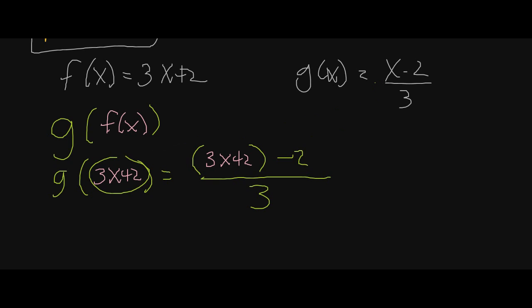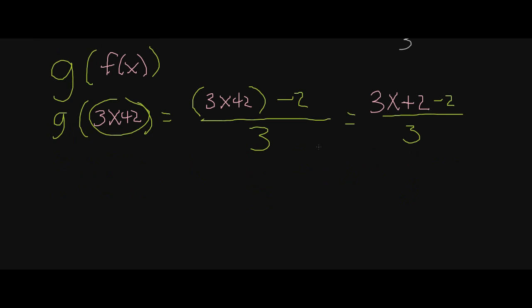Now let's go ahead. This is 3x plus 2 minus 2. Like before, I want to keep the colors the same. So 3x plus 2, minus 2, all divided by 3. Well, if we look here, what's 2 minus 2? Well, 2 minus 2 is 0, so that's gone.